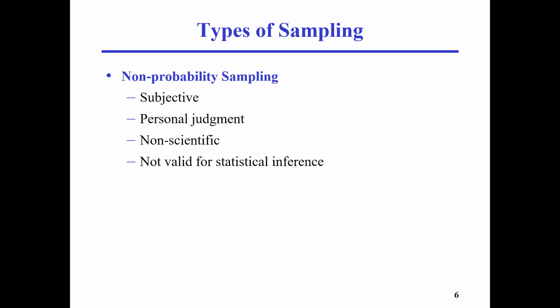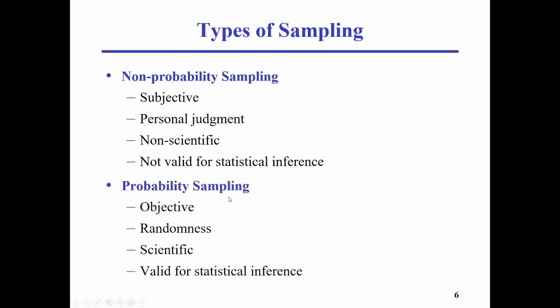So there are different types of sampling. We have non-probability sampling and probability sampling. For non-probability sampling, these methods are subjective. They depend on personal judgment. They are not scientific, not valid for statistical inference. So non-probability sampling methods are not what we care about in this class.